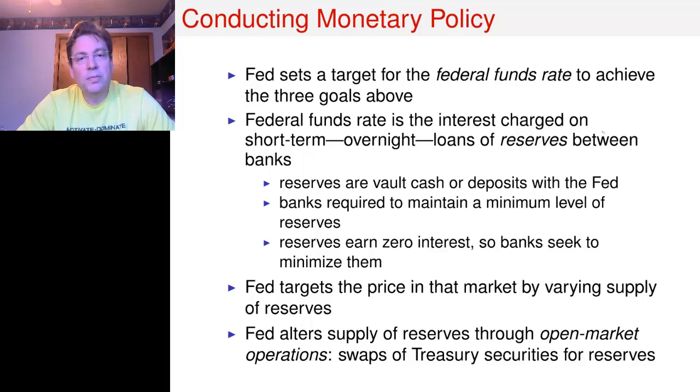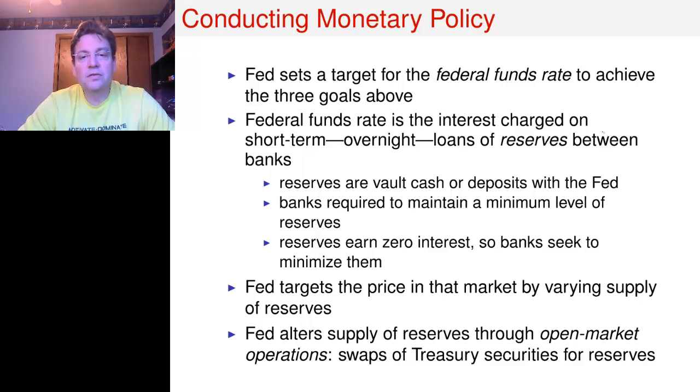Banks are required to maintain a minimum level of reserves, and well, reserves don't literally earn zero interest. Nowadays they earn some positive but very small interest. And so banks basically try to minimize the reserves that they hold. Although, as we will see, that hasn't been happening in the last 5 years.